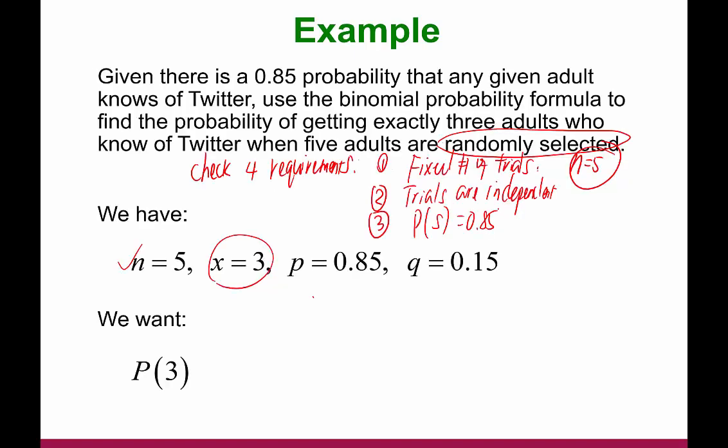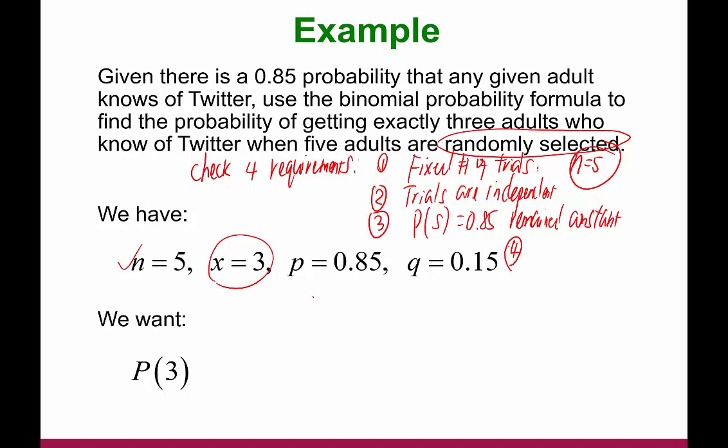The probability of anyone knowing Twitter is 0.85. The probability of failure also remains constant, 0.15. It's the complement of the probability of success.